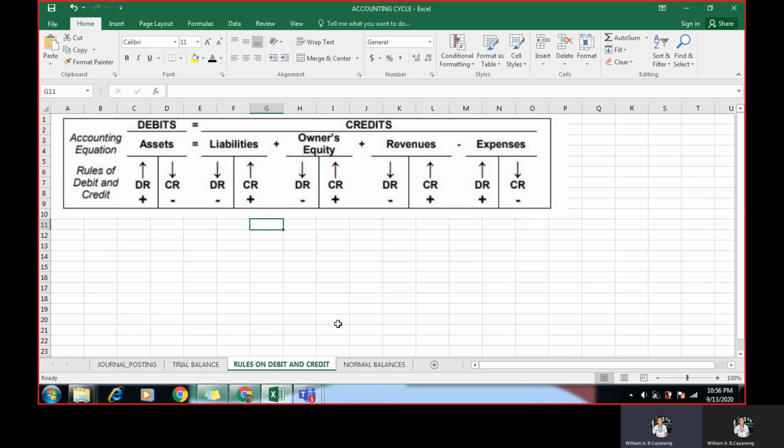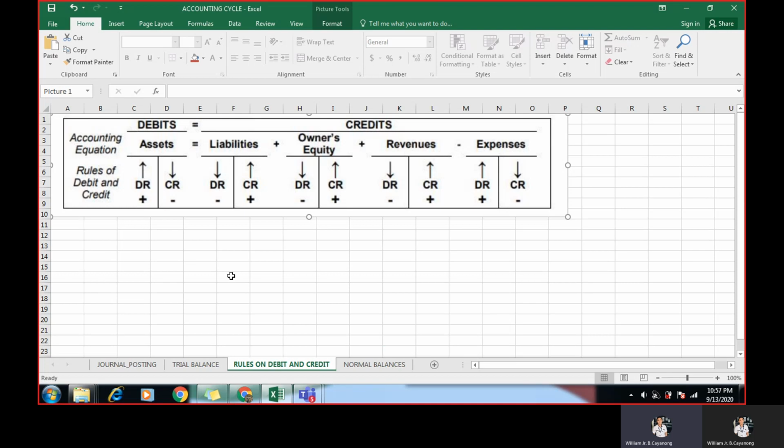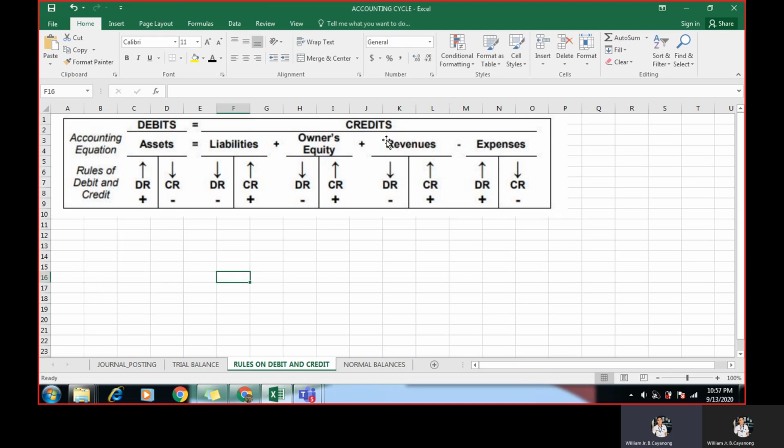Next is expenses. Expense has a normal balance of debit. When we increase expenses, we are going to debit it, but if we are going to decrease expenses, we are going to credit it. Okay, so those are the rules for debit and credit for our accounts: assets, liabilities, owner's equity, revenues, and expenses.